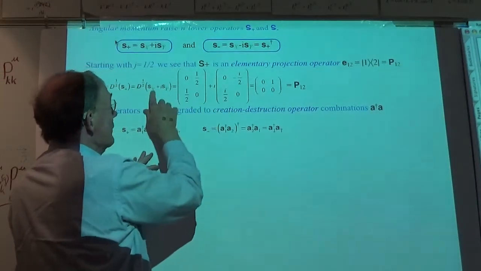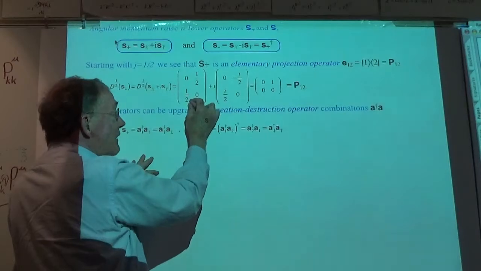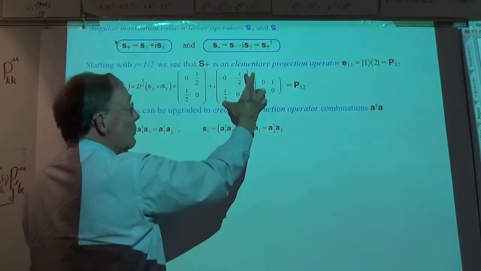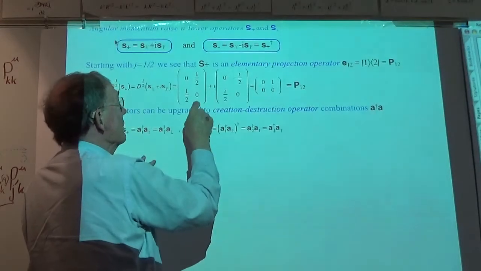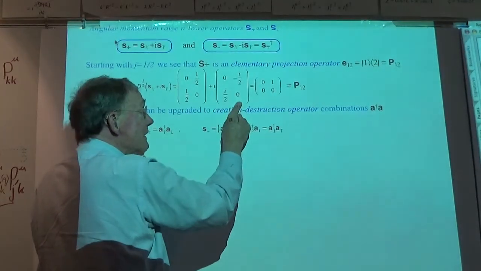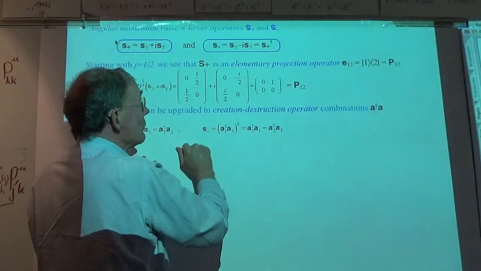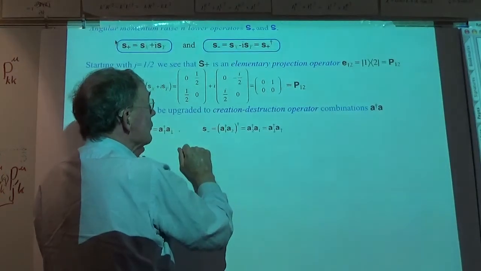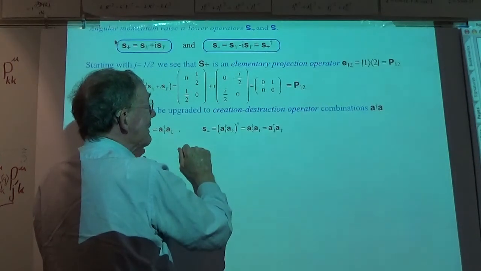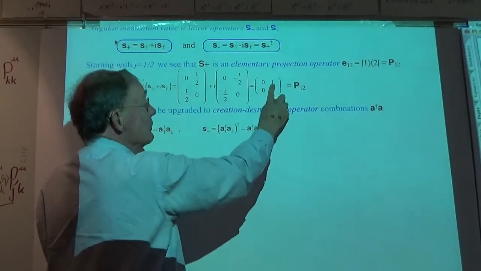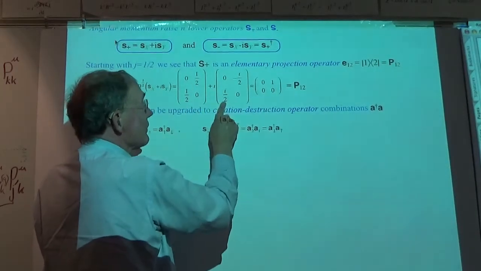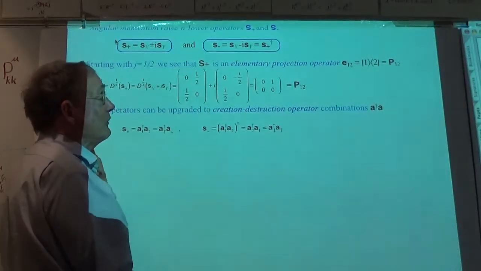You see, it's Sx, which is a half, and then it's i times Sy. There's your old Pauli spinor with a half. This is Pauli spinor X, this is Pauli spinor Y. Well, add those up, see what you get. You get a half here, and then you get an i times minus i. That's another half. That gives you a 1. Here it cancels. You just get our elementary projector.